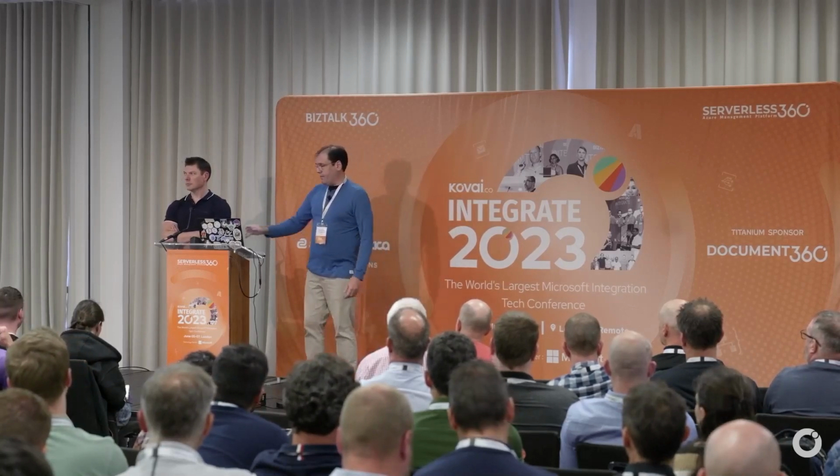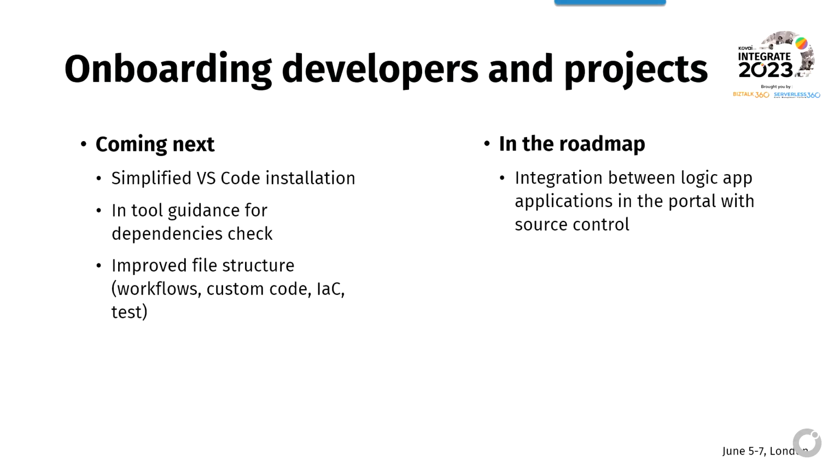Right, so when you're thinking about onboarding developers, what we have coming next. One is going to be simplifying the VS Code installation. Today we already have some of that work in place. If you click and install the VS Code extension, it installs all the other extensions that are required, so you don't have to keep track of that.